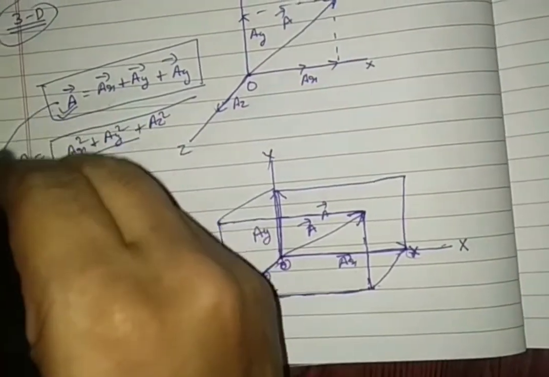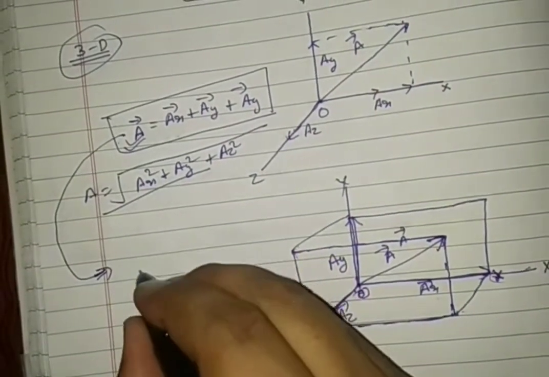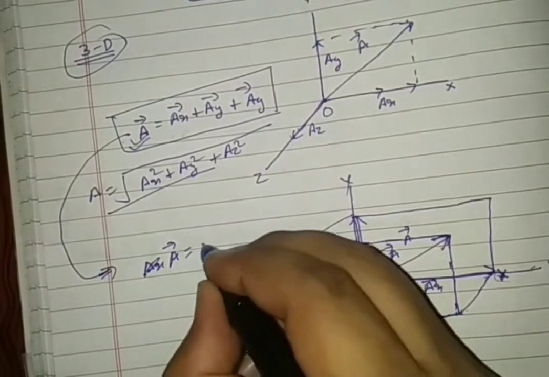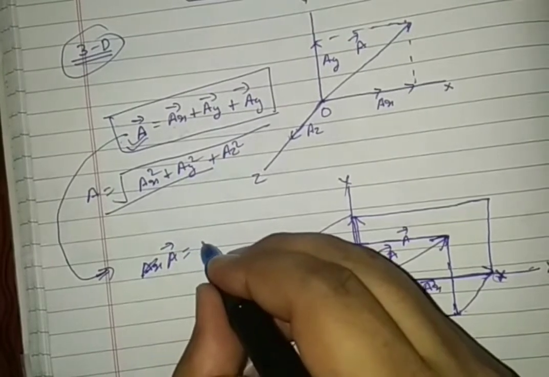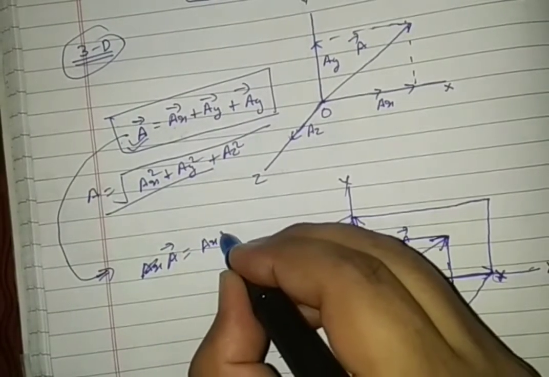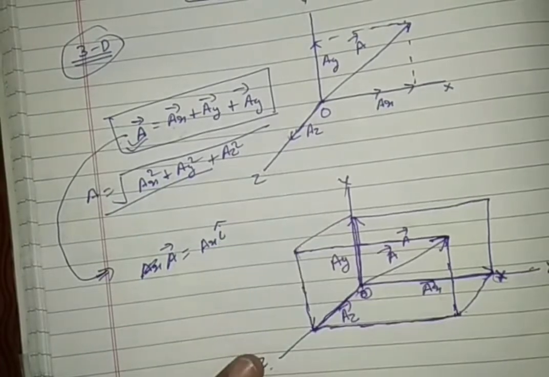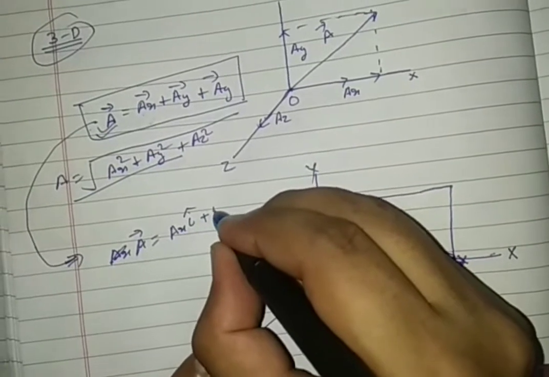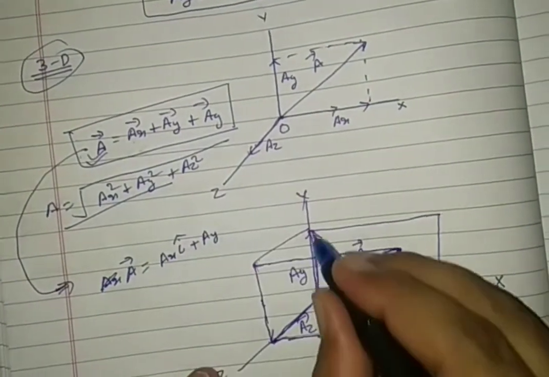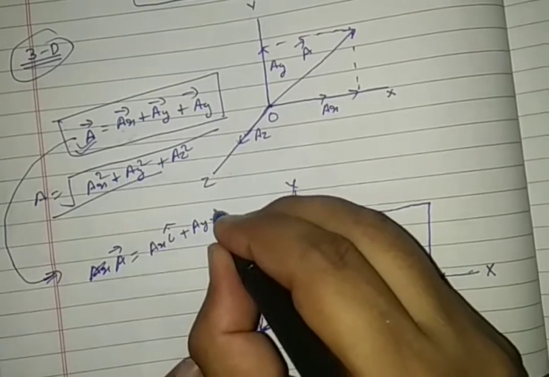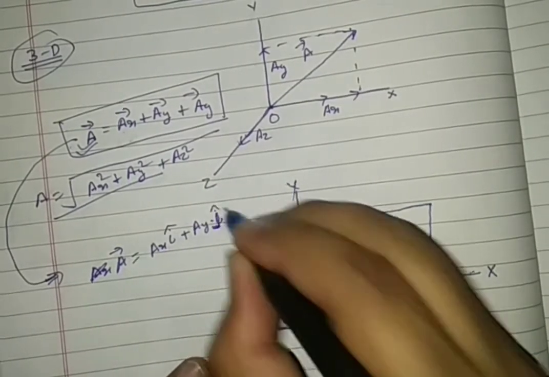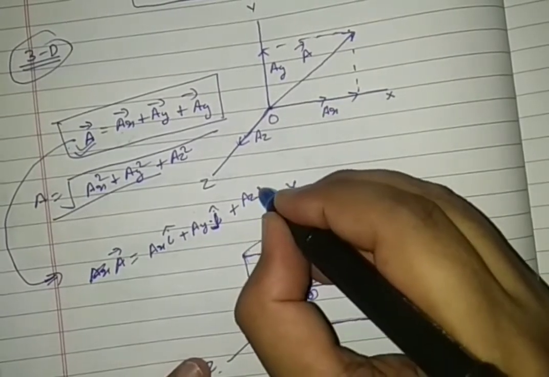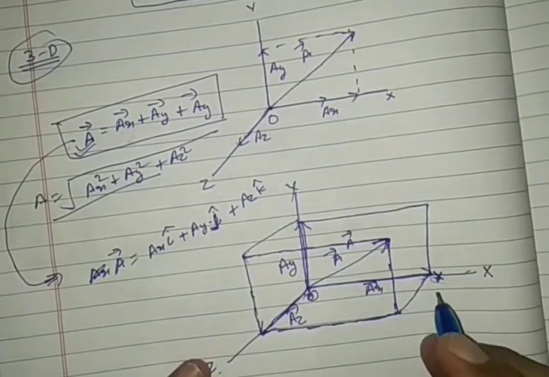It can also be represented in terms of unit vectors. Vector A is equal to vector Ax plus the others. Vector Ax can be written as Ax magnitude and its direction by unit vector i, because it is the direction of the x-axis. Similarly, the projection along the y-axis, Ay into unit vector j along the y-axis, plus Az into k unit vector along the z-axis.